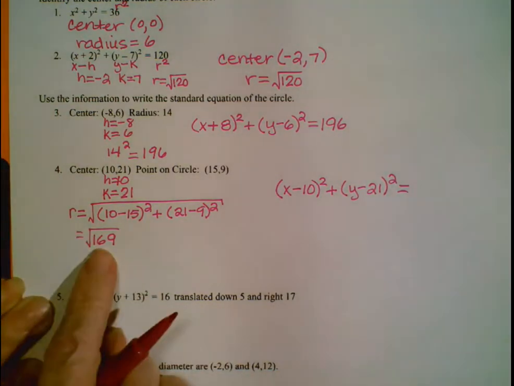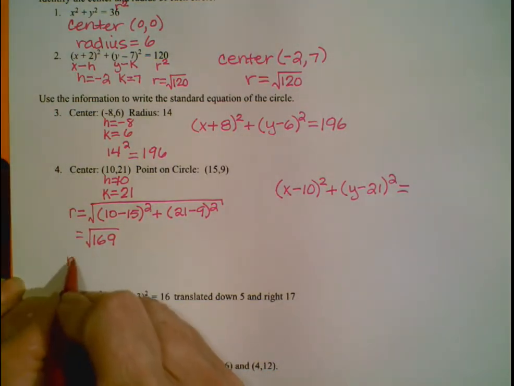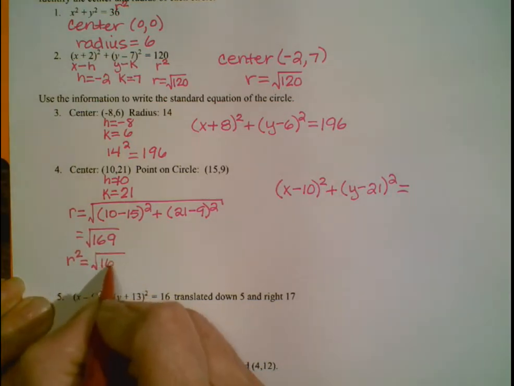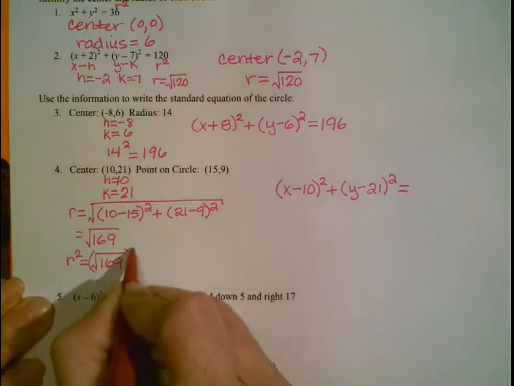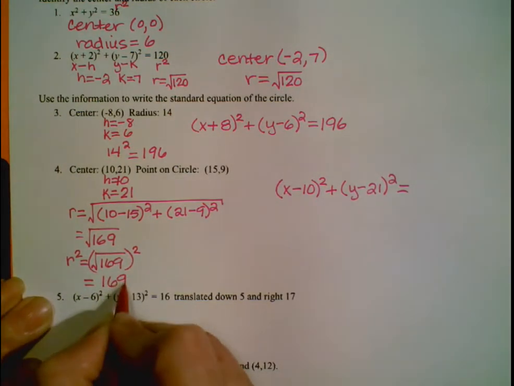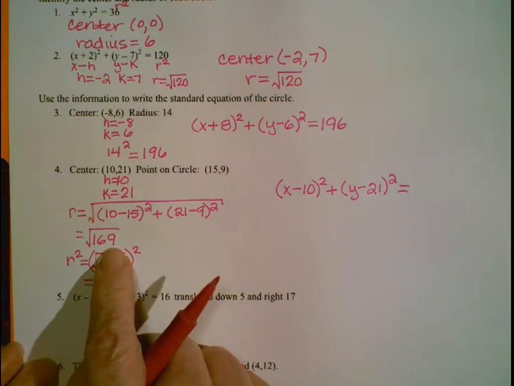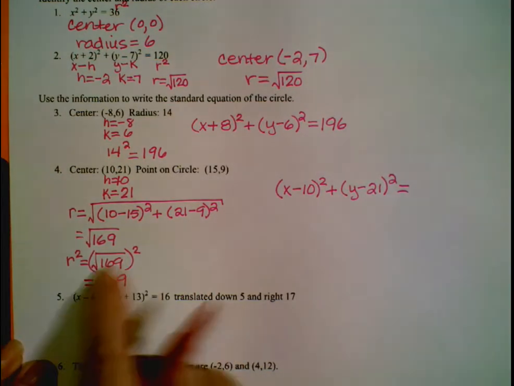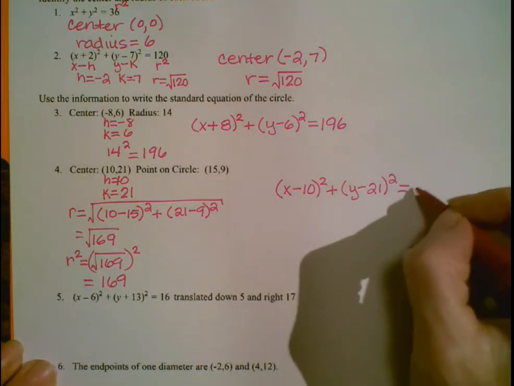Now, if this is r, what happens when I take r and square it? When you take the square root of 169 and you square it, you get 169. So don't worry about simplifying these square roots, because once you square them again to get your r squared value, it's going to be a whole number. In this case, we get 169.